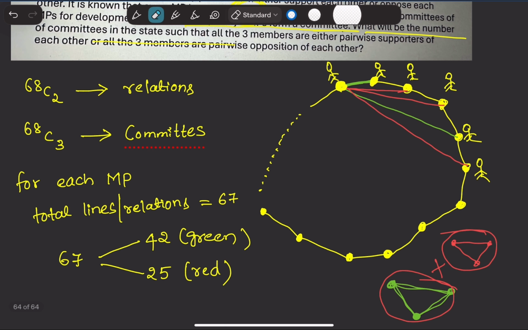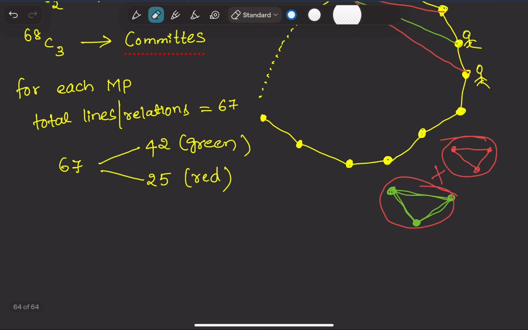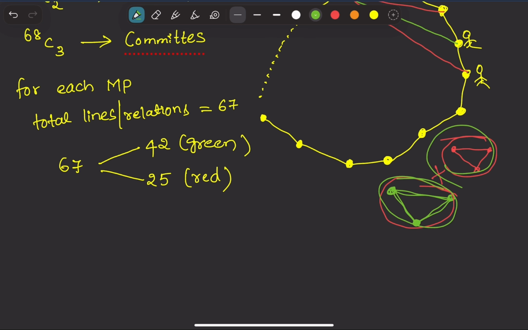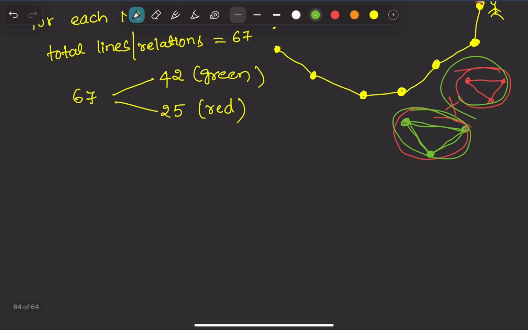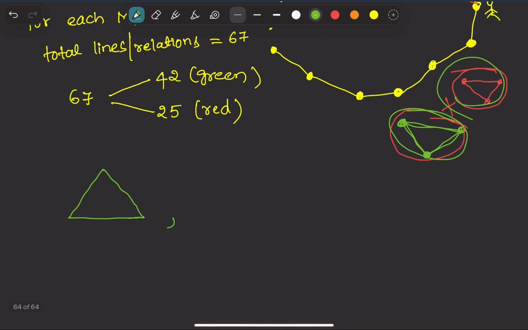Okay, let us proceed. So we have to find out the number of triangles which have all green edges or which have all red edges. But before doing that, let us see what all triangles are possible. This is one triangle that is possible, and this is another triangle that is possible, and this is another triangle that is possible, and this is the fourth triangle that is possible.